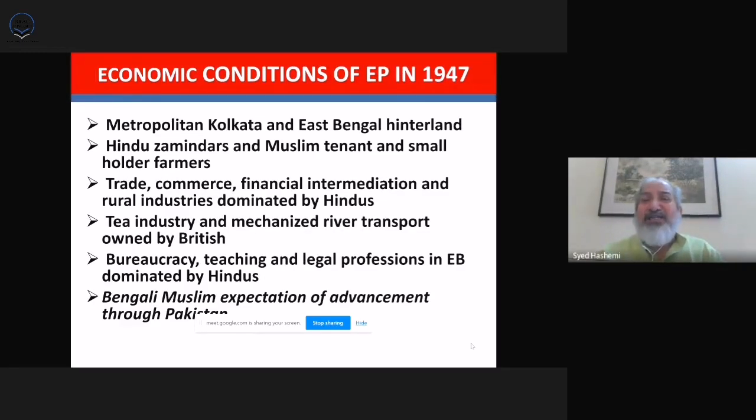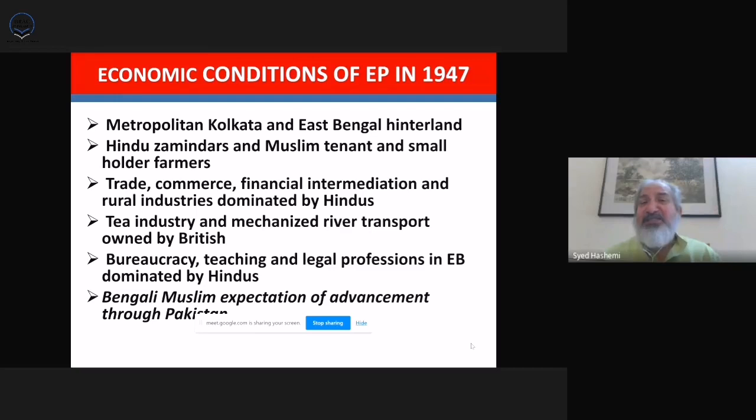So, once again, the economic conditions of East Pakistan in 1947. What did you have here? As we said, East Pakistan was the hinterland. Kolkata was the center of education, of professional people, and also of government.